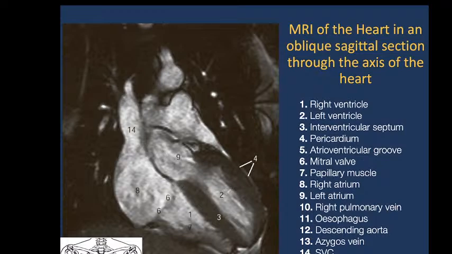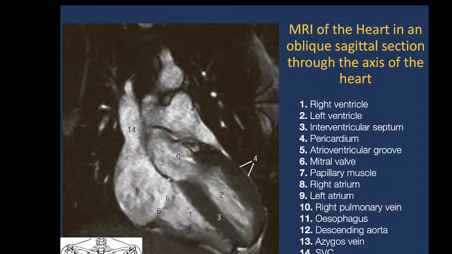You see different heart chambers, like number 8 right atrium, number 7 right ventricle, number 9 is left atrium, and of course number 2 is left ventricle.